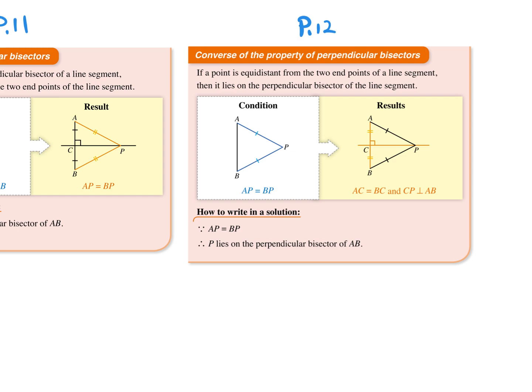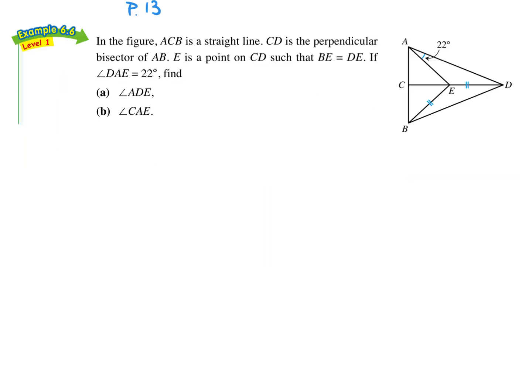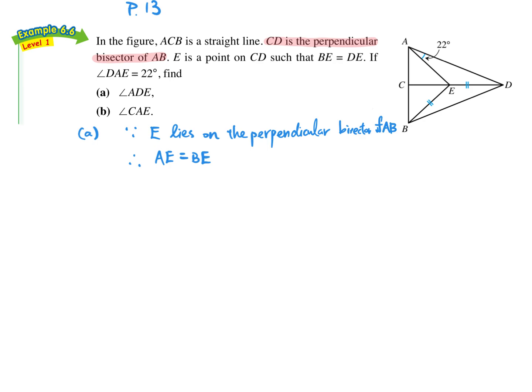Okay, let's see the next page. And from the question, we will have CD is the perpendicular bisector of AB. And since E lies on the perpendicular bisector of AB, therefore AE equals BE by the property of perpendicular bisector.